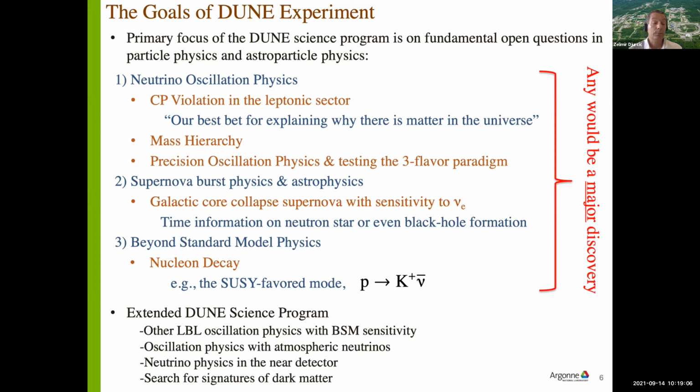We also address other open questions in oscillation physics, and look for things that include potential supernova events and beyond standard model physics, and there are also extended DUNE science program topics, in combination with the near detector or with the near detector alone with respect to the far detector.